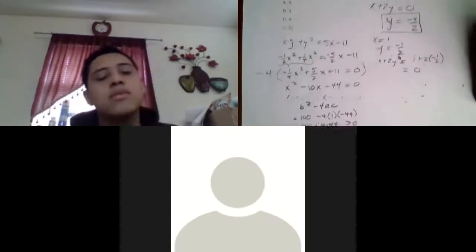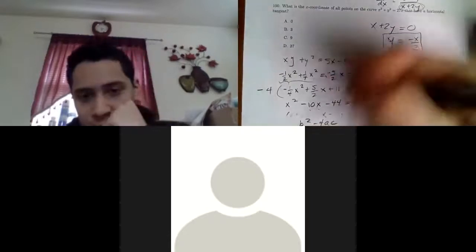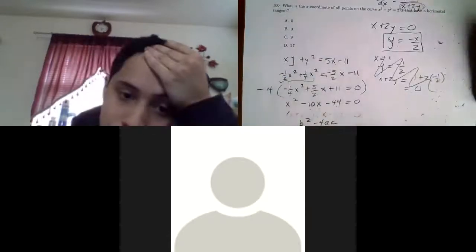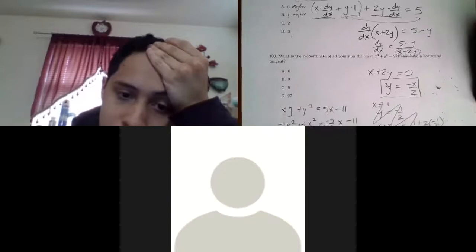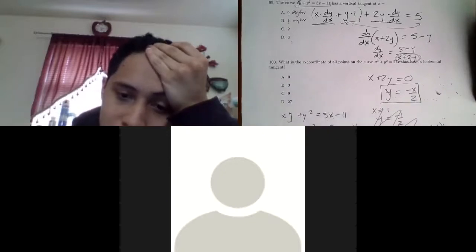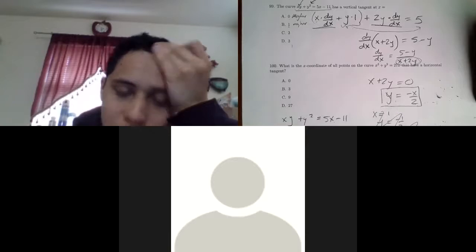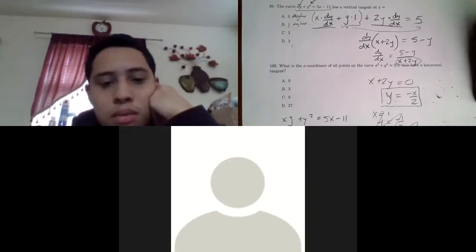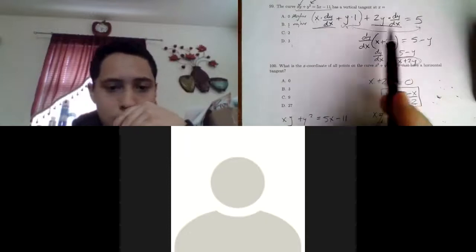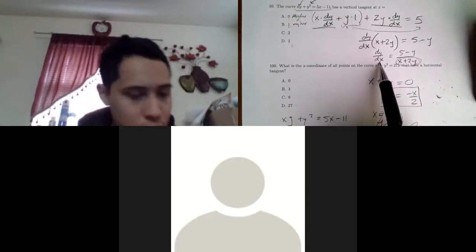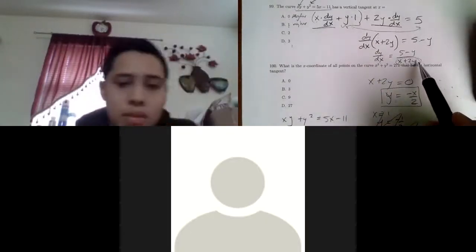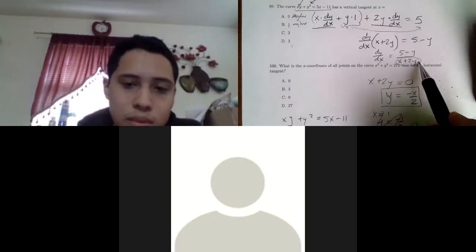So let me go back for a second. I made a factoring error down there, but let me go back and see if the general method of solution here is agreeable. Use implicit differentiation and solve for dy over dx, because we want to know where the denominator of dy over dx is 0 so that we can get a vertical tangent.